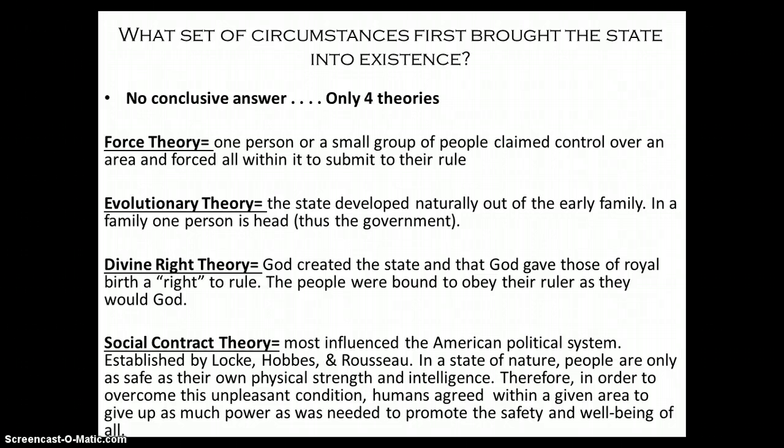Now, people lived in a state of fear. Therefore, people began to give up their freedoms in order to overcome this unpleasant condition, and they were able to give up as much power as was needed in order to promote their safety and the well-being of all.